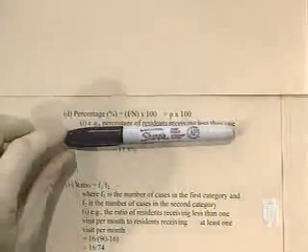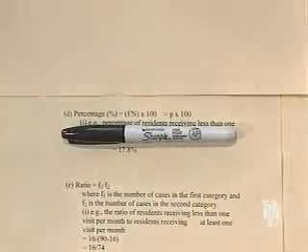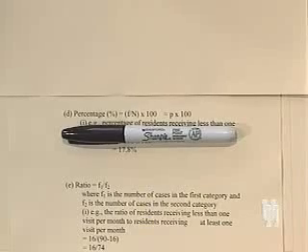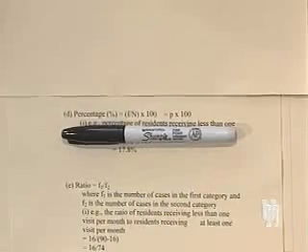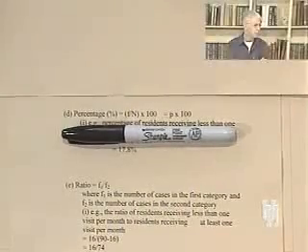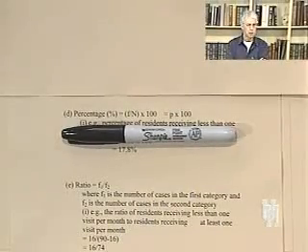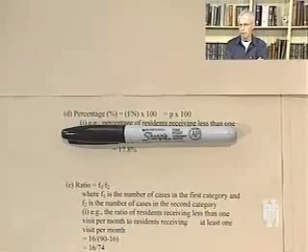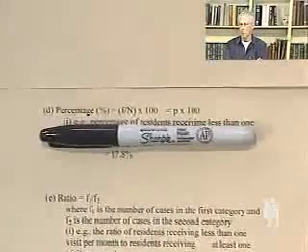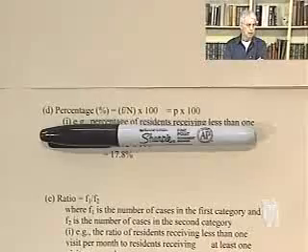And a percentage is nothing more than F divided by N multiplied by 100. That is, it's P, the proportion, multiplied by 100. Let me simply go through an example.